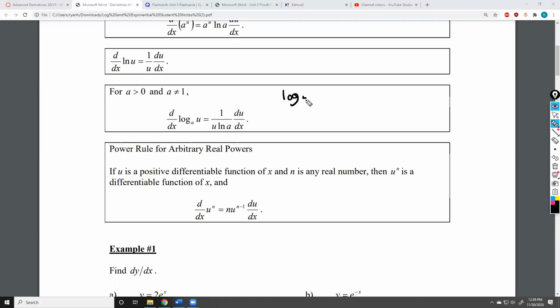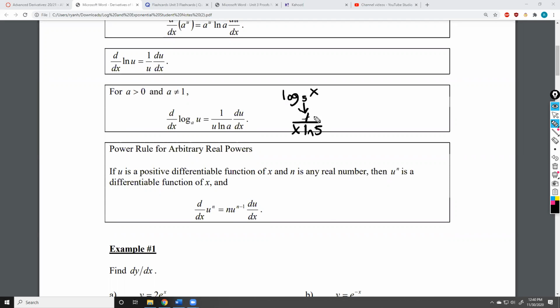Let's say we have log base 5 of x. The derivative of that, all we're going to do is the same thing we did for exponentials where we take the natural log of the base. And so it's going to be 1 over our argument. In this case, that's x. So 1 over x times the natural log of the base. And so our base in this case is 5.